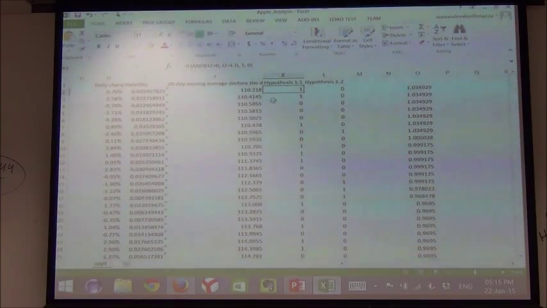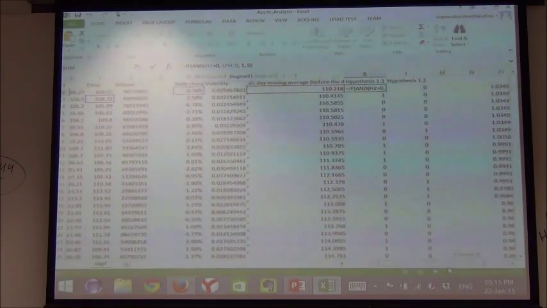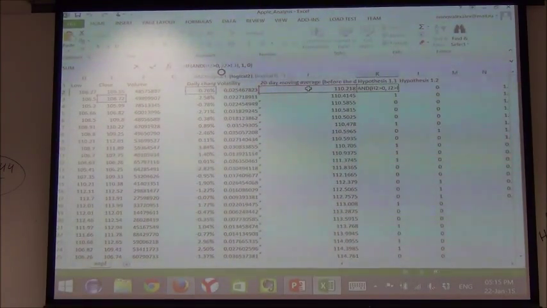So, let's see the formula for this cell. This is the comparison of several cells. We compare the current moving average with the closing price of the previous day.